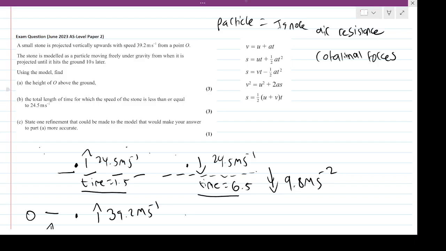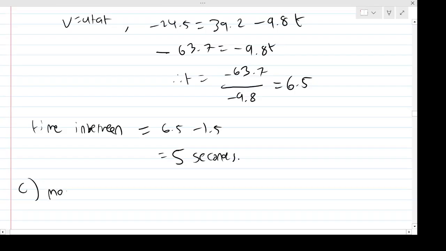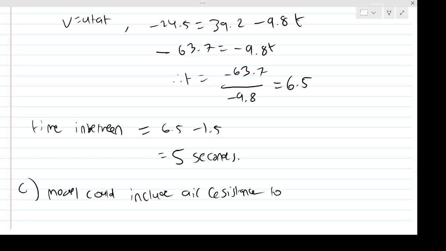So the refinement could be to incorporate air resistance, to make it more realistic or accurate. So the model could include air resistance to make it more accurate, because in reality, obviously, if you move down and up through the air, you're going to get air resistance.